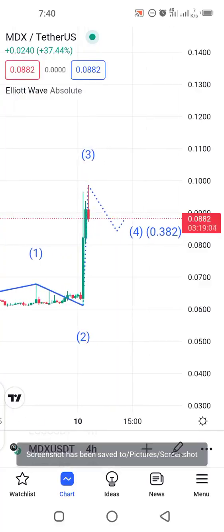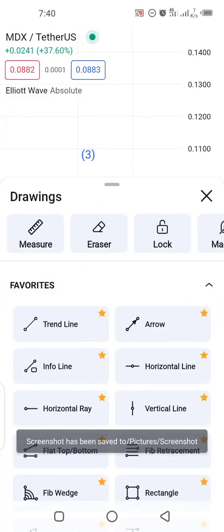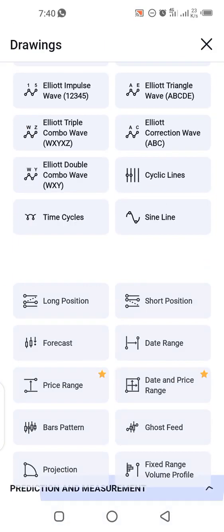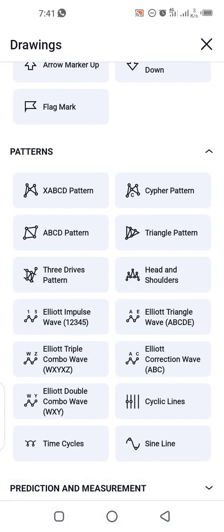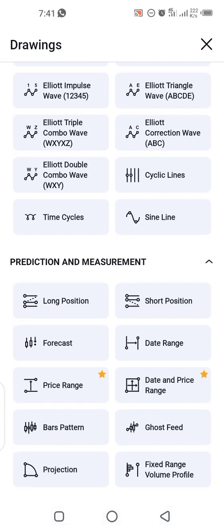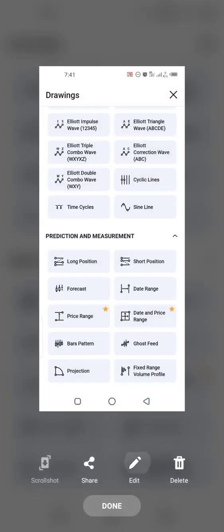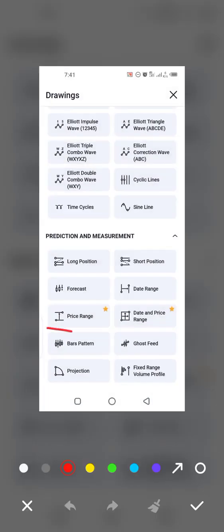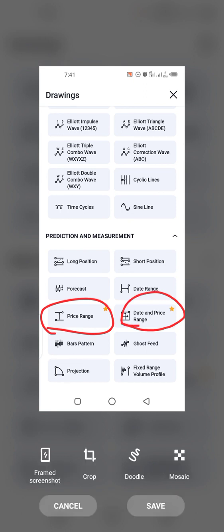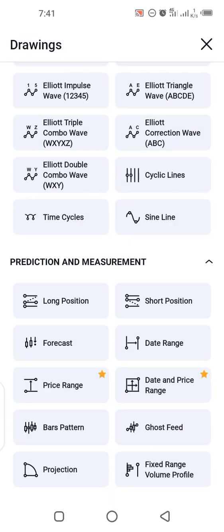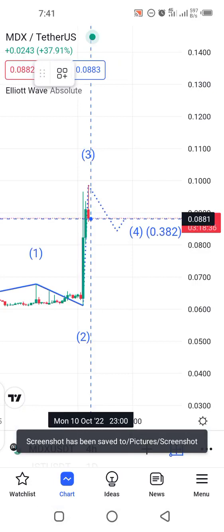When we tap on our dotted lines, we can look for the area called prediction and measurement. Here we can have a price range, and also a date and price range. You see those two? We pick one, so I'll pick the date and the price range.